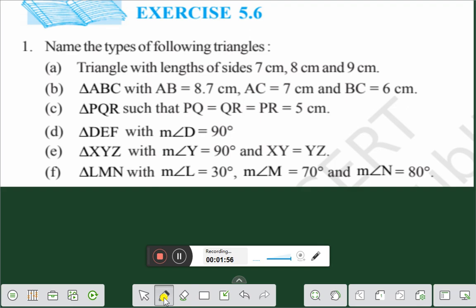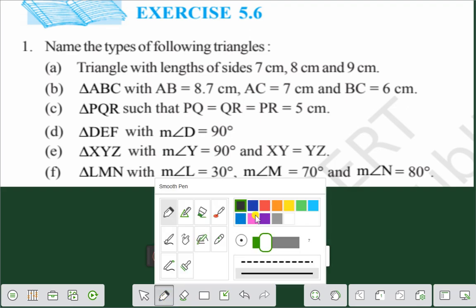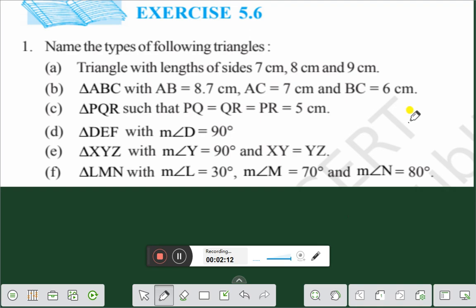Therefore, here we find that all the lengths of the sides are unequal, therefore it is known as scalene triangle, right? It is known as scalene triangle.